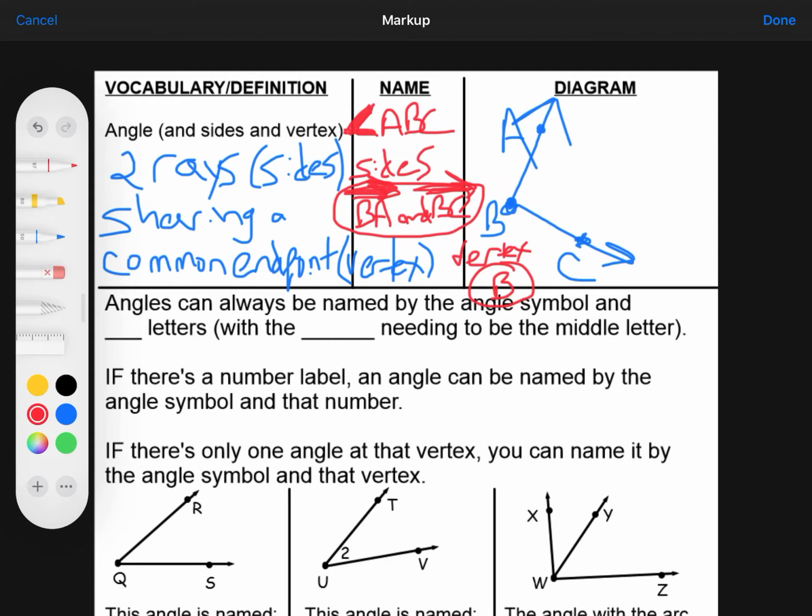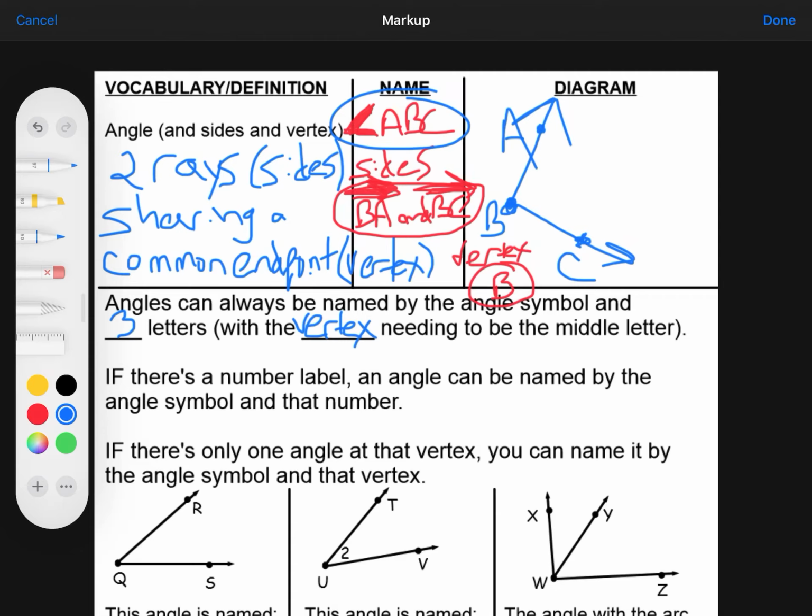All right, now what we did at the top with angle ABC, that's a little bit interesting here. Angles can always be named with that angle symbol and three letters, but it's not any three letters. Specifically the vertex in the picture above, letter B, needs to be the middle letter. So there's multiple ways to name angles.